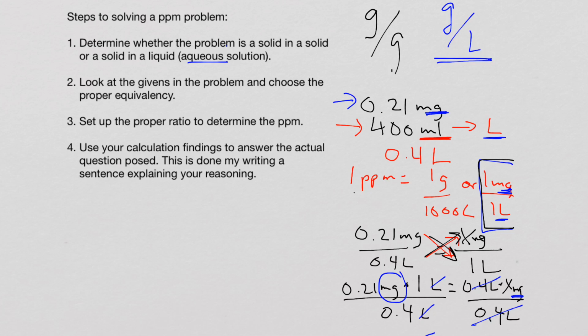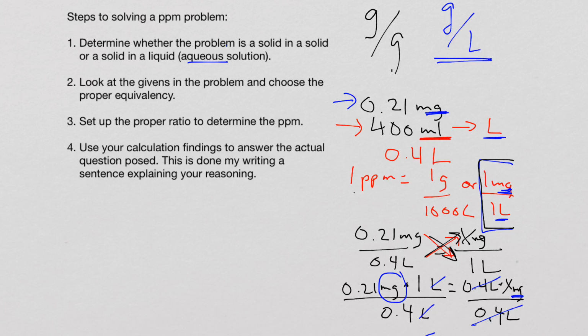And we're told that we have a 400 milliliter sample of soil, and that we've measured within that 0.21 milligrams of fungicide. So we want to know what the ppm is there, to see if this fungicide actually is going to be useful enough.